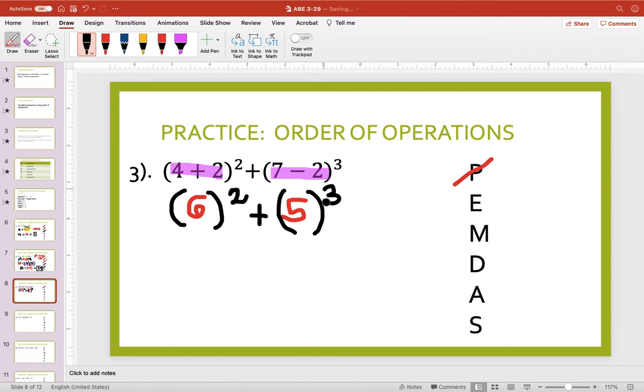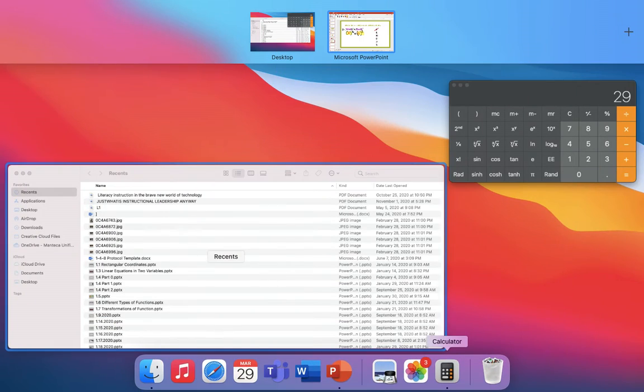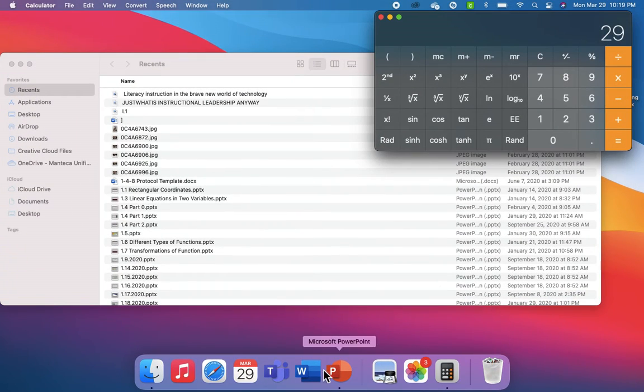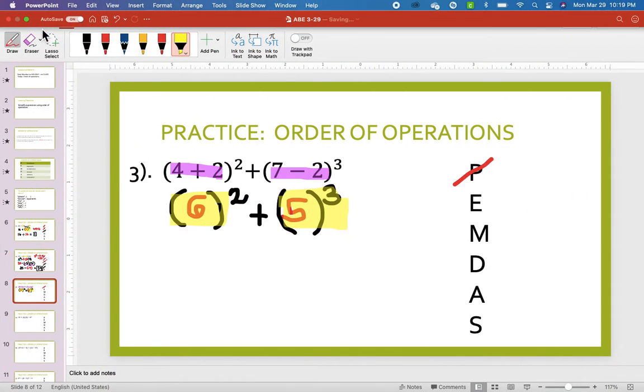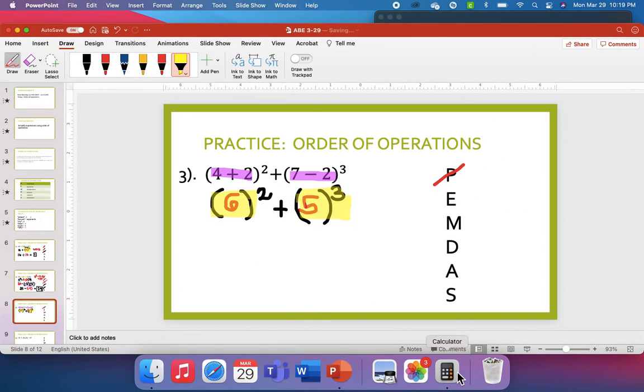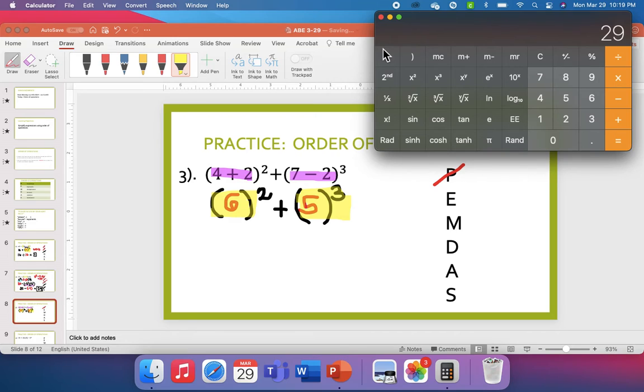Okay, next we're going to simplify our exponents. Notice I have 2 exponents that I need to simplify. I have 6 to the second power, or 6 squared, and 5 to the third power. I'm going to again just pull out my calculator so you guys can see what you can be doing to make that process easier for you.